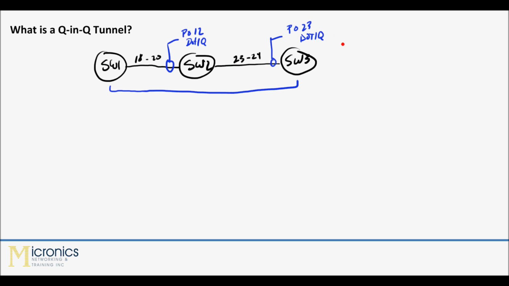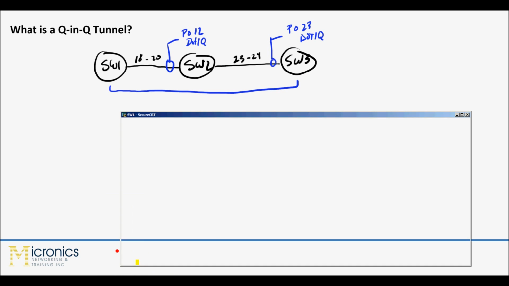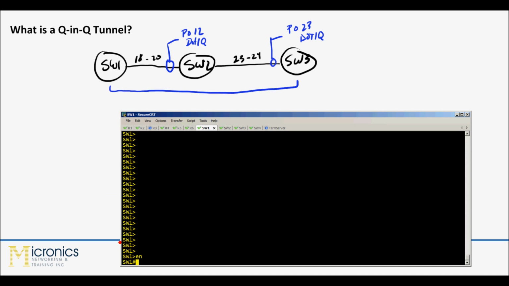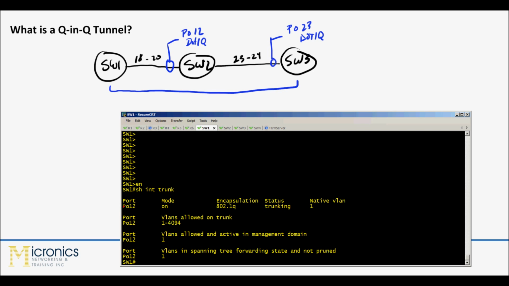We can see that by bringing up the gear itself and taking a look at the output we get when we do the show interface trunk command. For instance, on R1 we can see clearly that PO12 is an 802.1Q trunk.